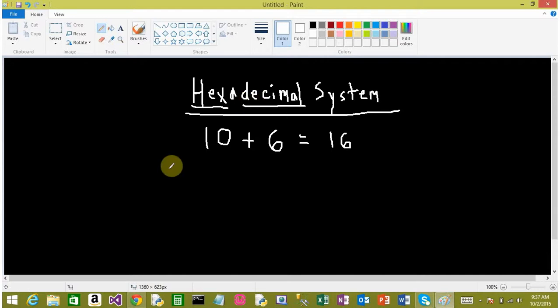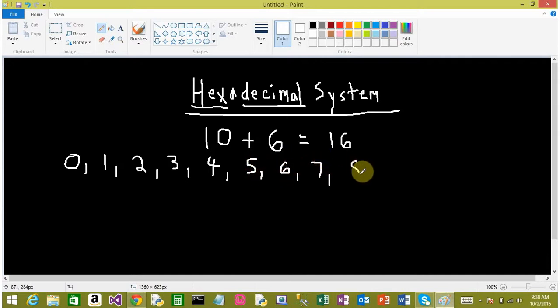So with the decimal system, we learned that we had 0, 1, 2, 3, 4, 5, 6, 7, 8, and 9. So those are 10 digits. So that covers the 10 digits. Now, where do we get the other 6 digits?